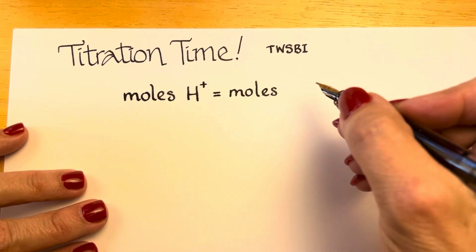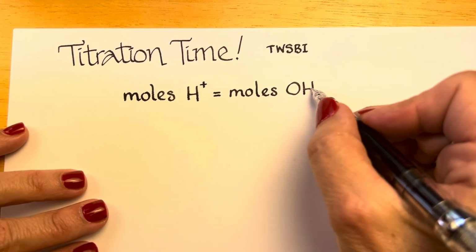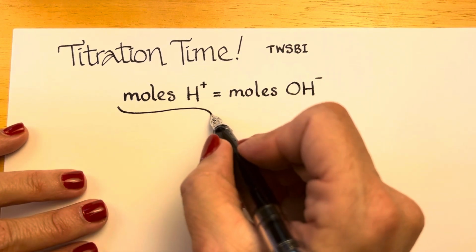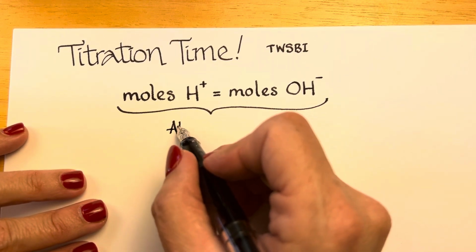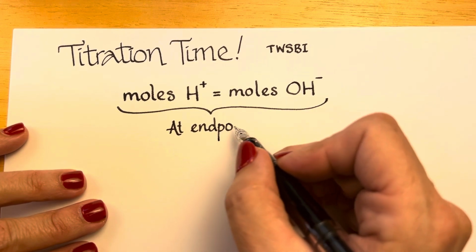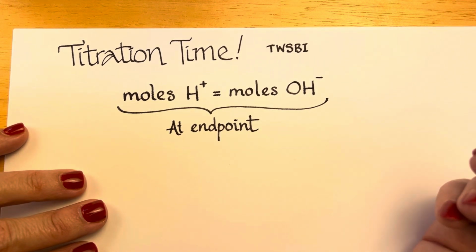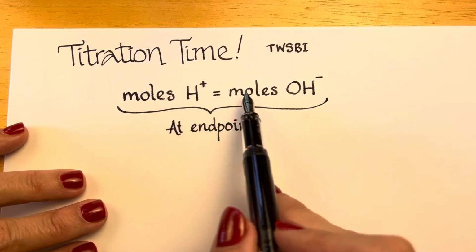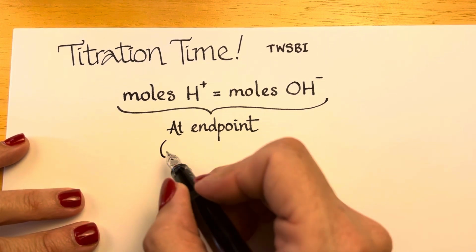So if we're looking at a standard acid-base titration, which is what we're going to focus on in this video, this is true at the end point of our titration, okay? So, if you call it equivalence point, okay, these moles are equal to each other. So it's all about the neutralization.